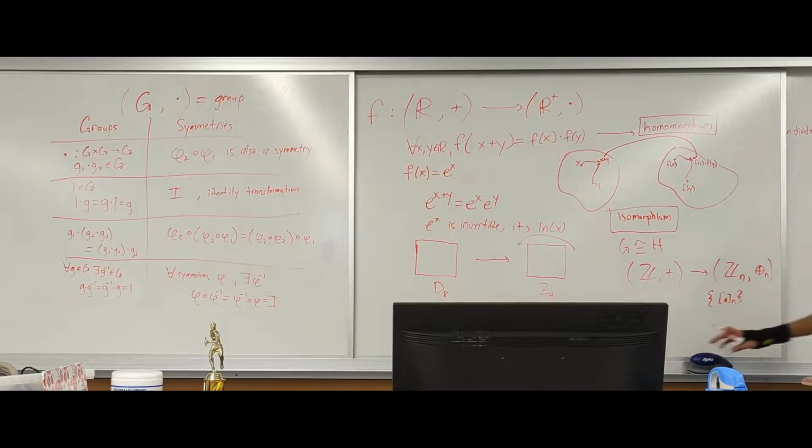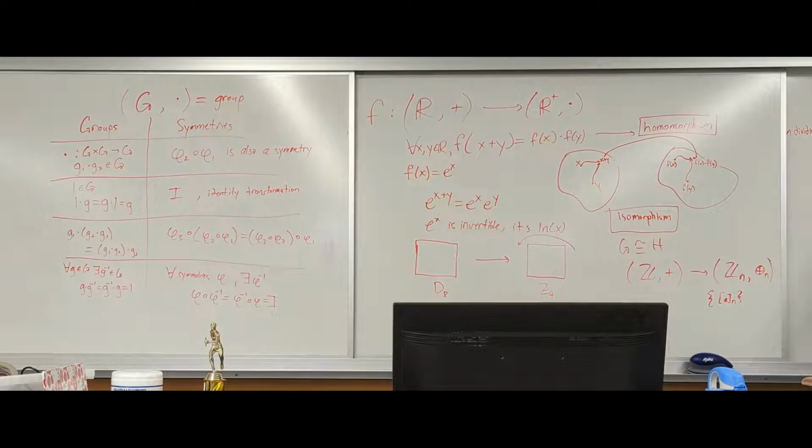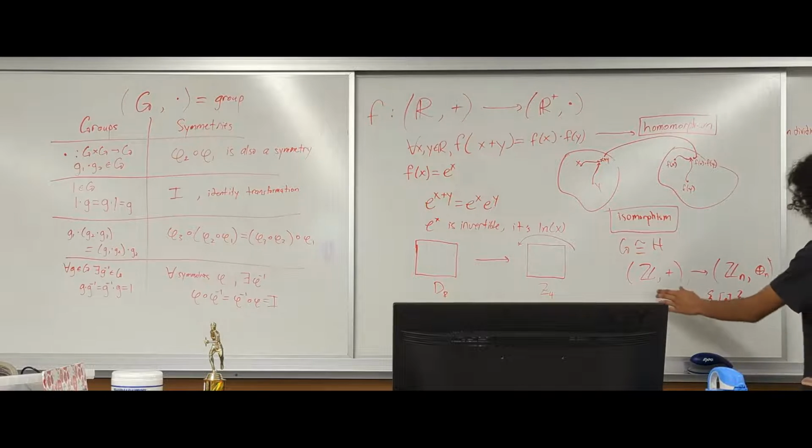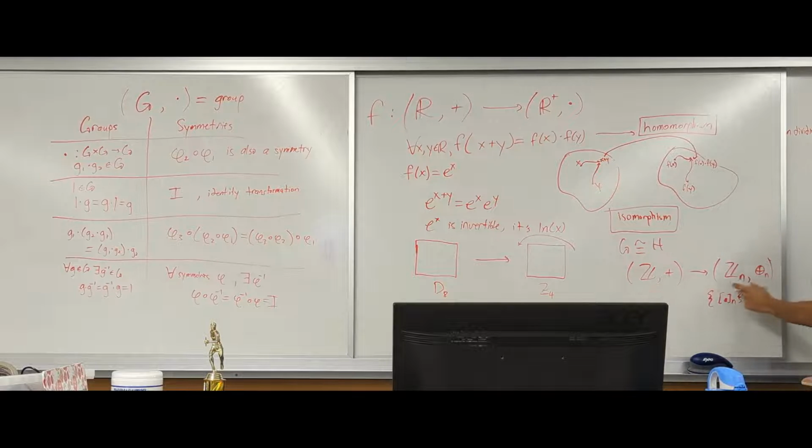So some part of the addition structure here gets preserved into this when you do it. Because you'll find that if you add two integers, their remainders when dividing by n get added. Think about it for a bit.